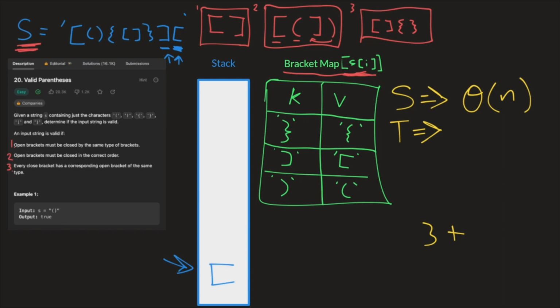Then our stack would be full of opening brackets, and our stack would be of size n. So it's 3 plus n, and we ignore constants and lesser terms, so we move forward with n. So n is our space complexity. Now in terms of time, we are iterating through our input string.